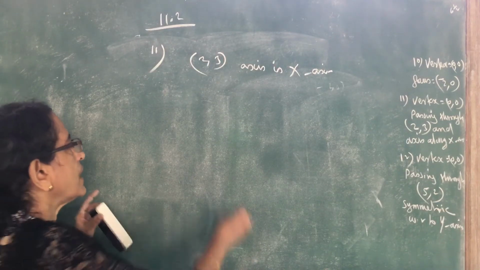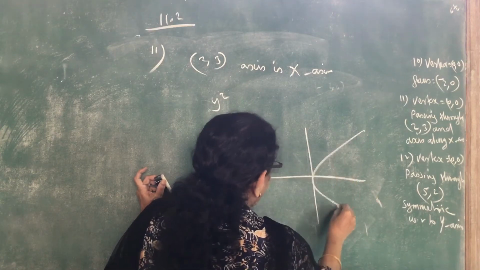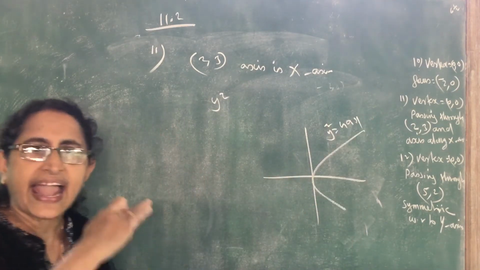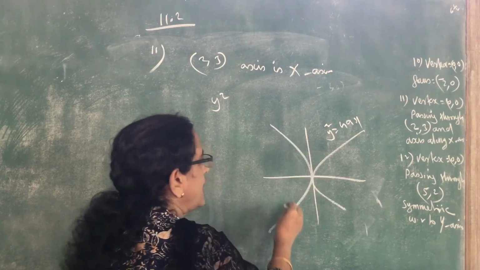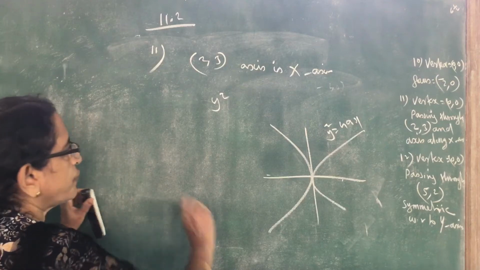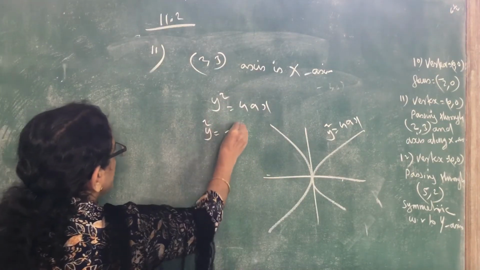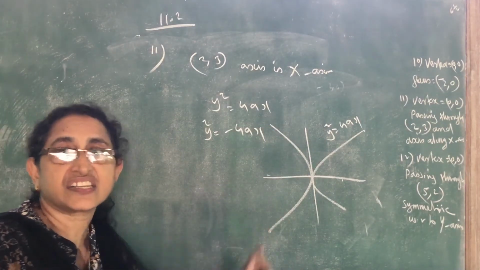For the parabola y square equal to 4ax, the axis is along the x-axis. Similarly for this parabola also, the axis is x-axis. So for y square equal to 4ax and y square equal to minus 4ax, the axis is x-axis.